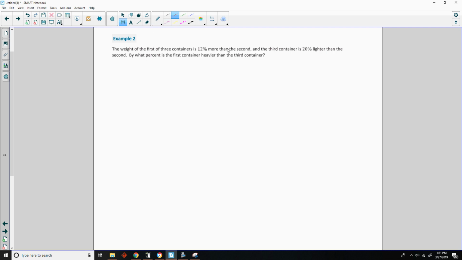So we're comparing everything to the second. Okay, so if we're going to compare everything to the second container, let's let x equal the second container's weight. All right, so now we have a variable, and it would be the weight of the second container.